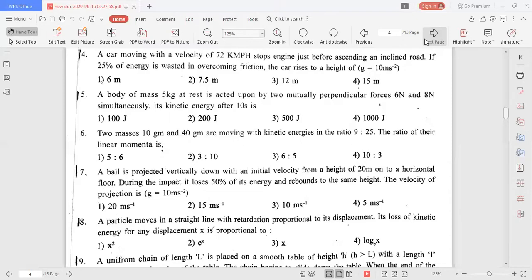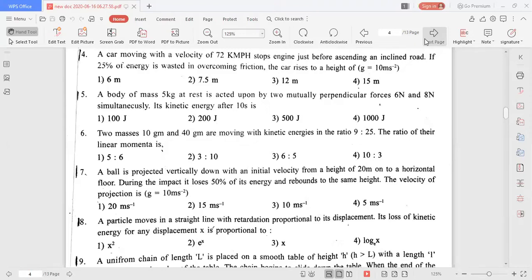After t equal to 10 seconds, what is the kinetic energy? To find the kinetic energy, we should find the velocity after t seconds. Then we can find the kinetic energy K, that is equal to question mark.